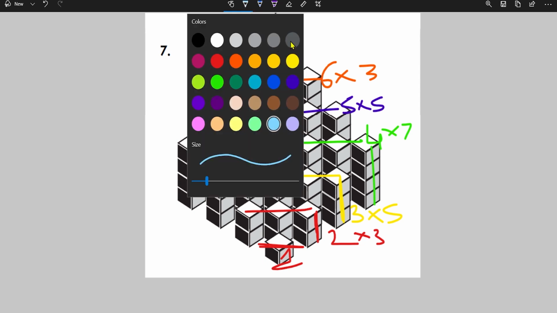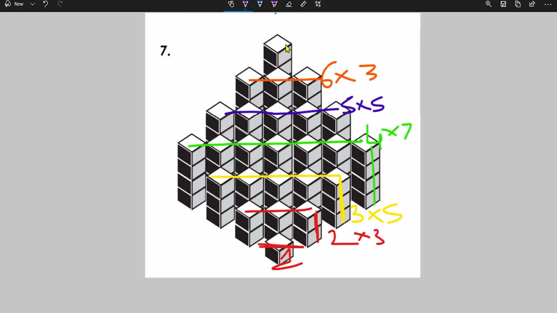This might be too light, let me go back to purple. 7 into 1. So you'll have to add all of these things. So 7 multiplications and add all of those out. So 1 into 1, 2 into 3, 3 into 5, 4 into 7, 5 into 5, 6 into 3, 7 into 1. And this will also give you the same answer. So you can choose whichever approach you prefer.